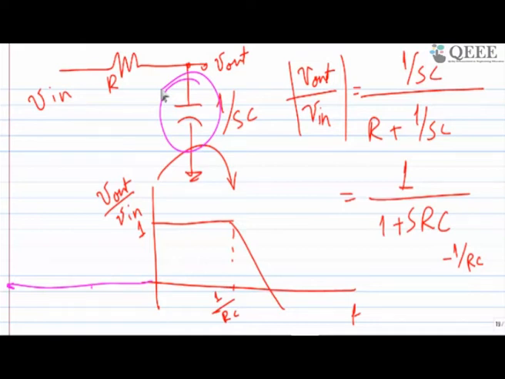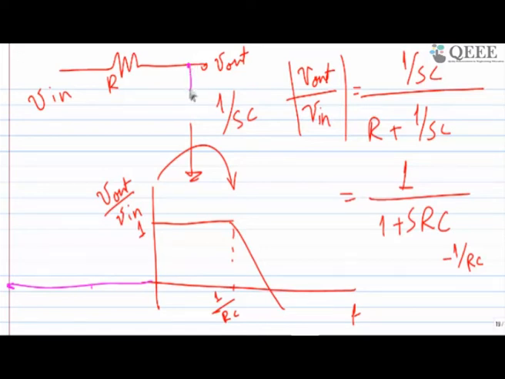I can have V out equal to V in for infinite frequency. But the capacitor is blocking DC, while it's allowing high frequency, right? So what is happening here, if you want to go through the intuitive side, at low frequency?